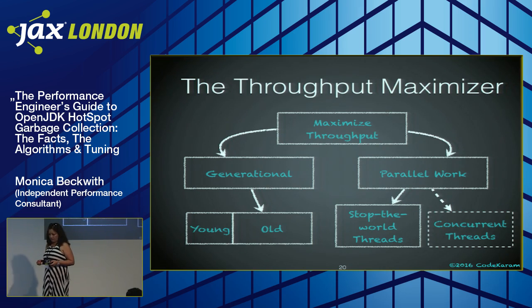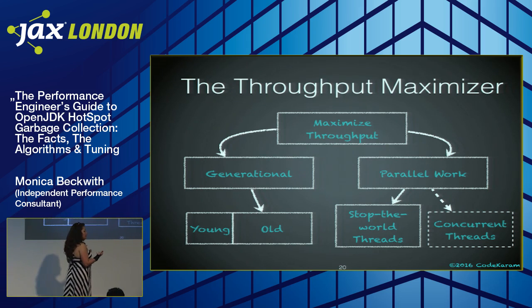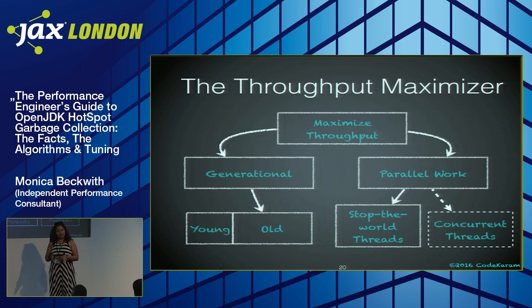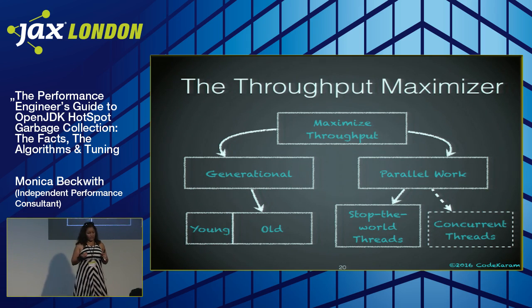Some garbage collectors in OpenJDK HotSpot have concurrent work as well, and by concurrent, I mean the garbage collector does its work with your application threads. So if you have the resources, you would want to add more threads for the concurrent work and get it done faster. Basically, you want to shorten the duration of the concurrent work by adding more threads.